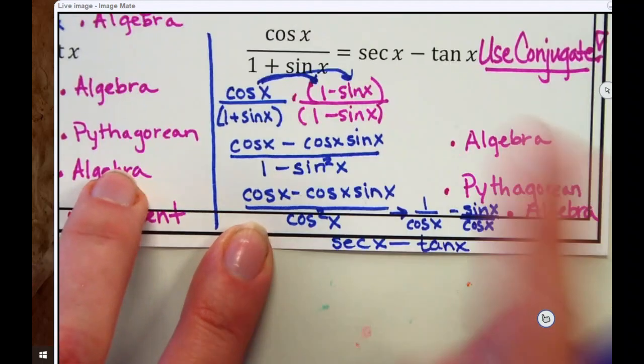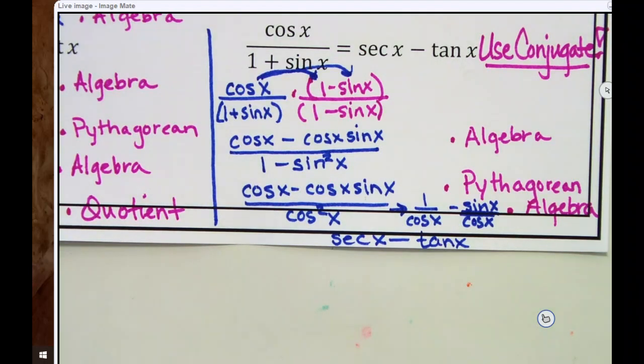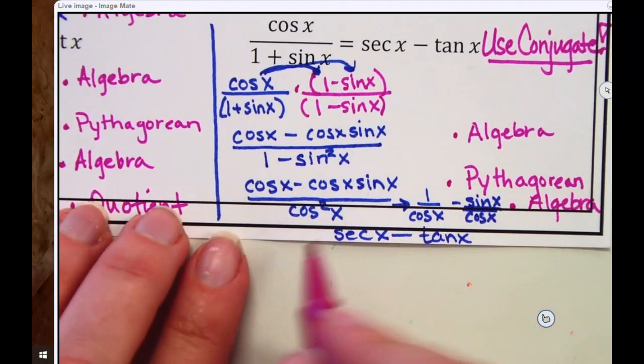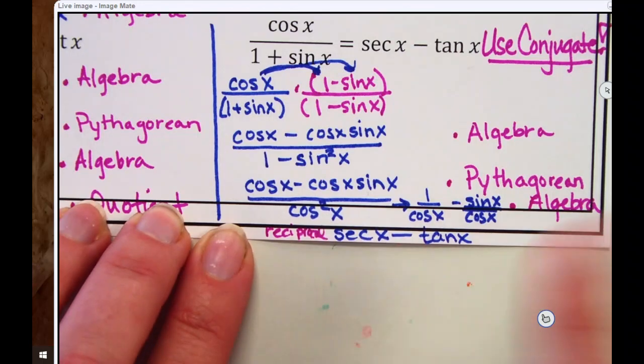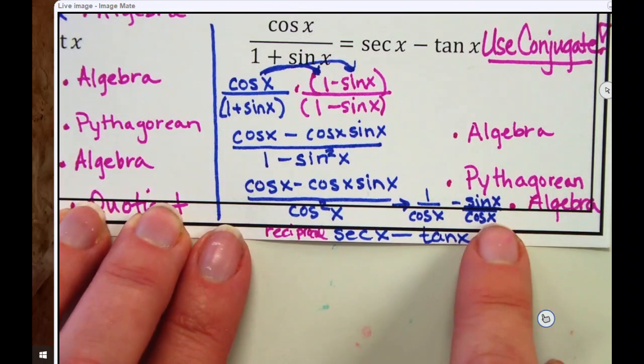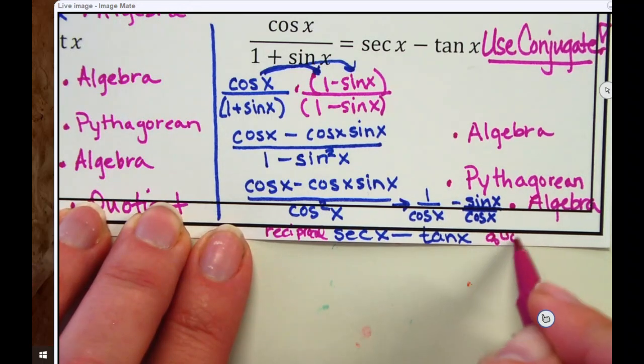Yeah. And isn't that what I was going for? What properties did we use there? 1 over cosine is the reciprocal. And from sine over cosine to tangent is the quotient.